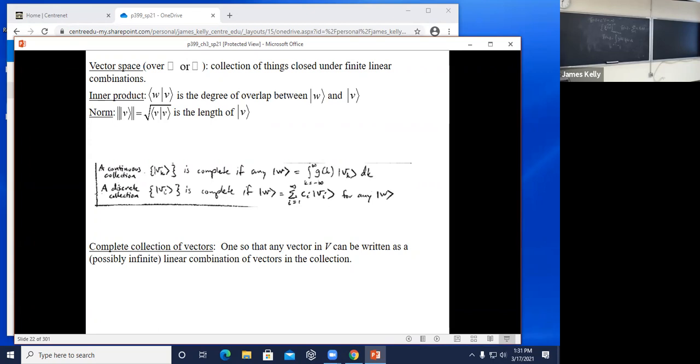And I also missed 4, 5, and 6 on this one. 4, 5, and 6 have to do with the norm. So I want you guys to have a lot of practice with just working with this notation. So try on the 2-sided worksheet 4, 5, 6, and then 7. 4, 5, and 6 have to do with inner products and norms, and 7 has to do with complete collections.